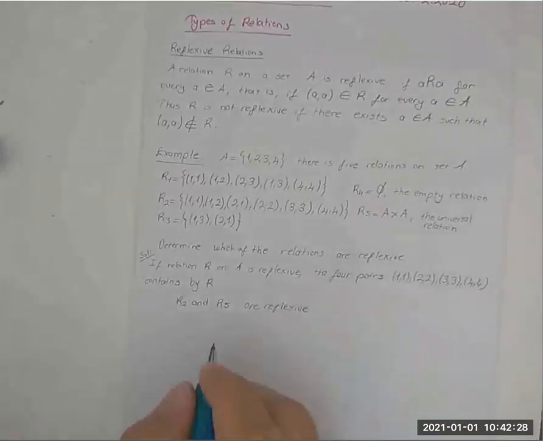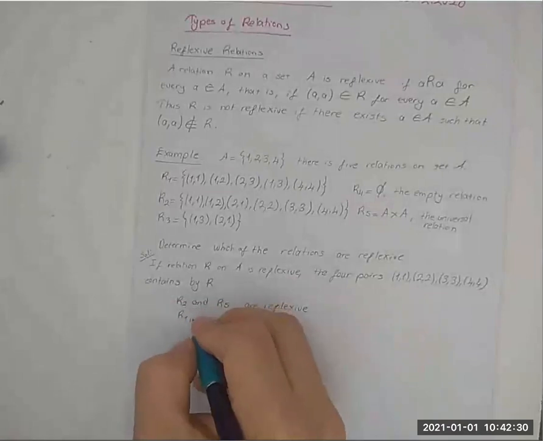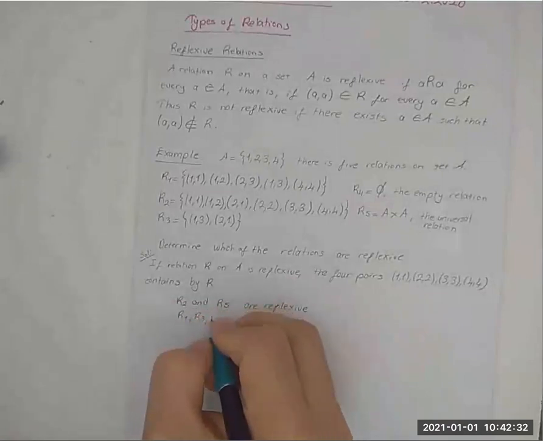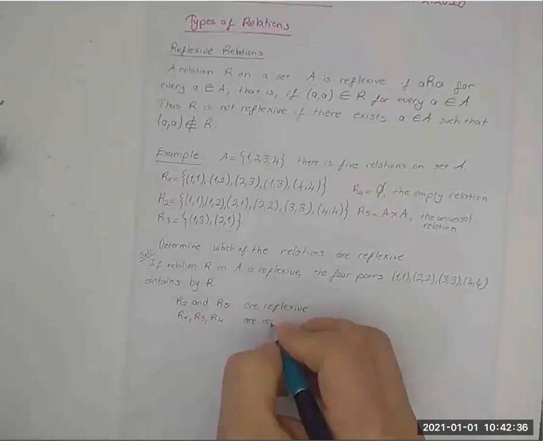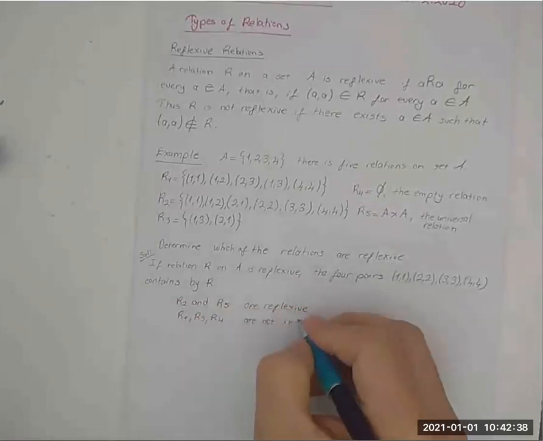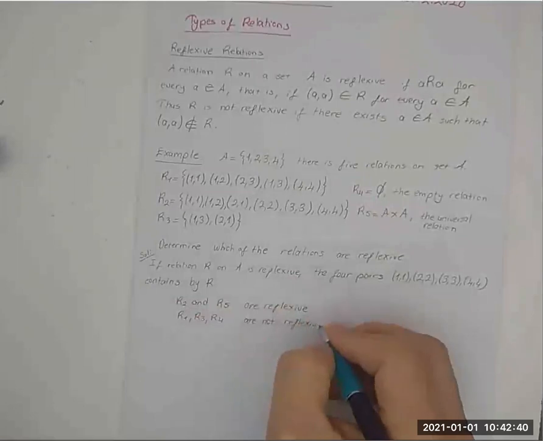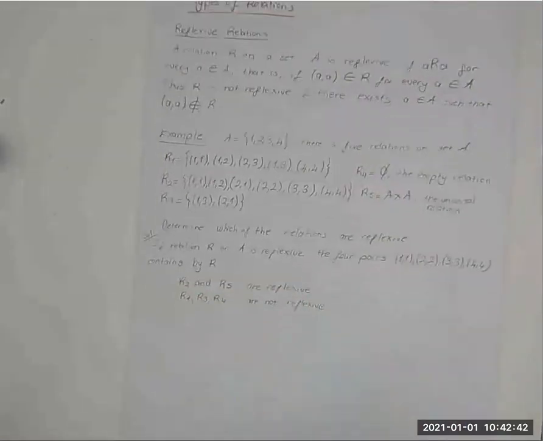And R2 has (1,1), (2,2), (3,3), and (4,4), so R2 is reflexive. And R5, of course, is reflexive.